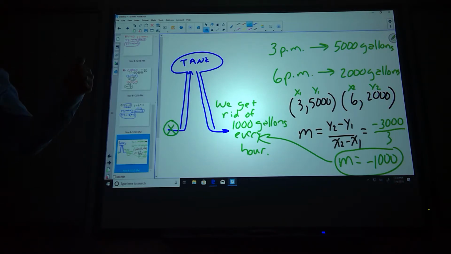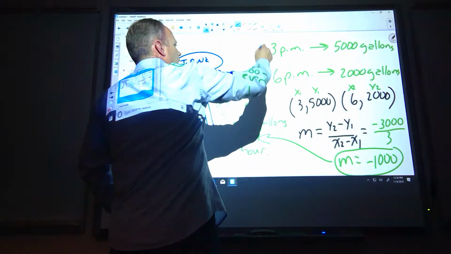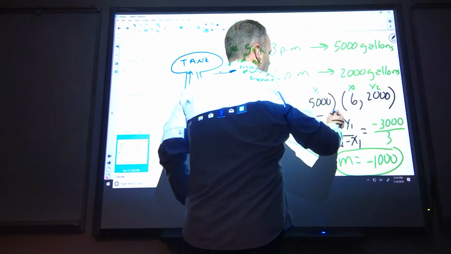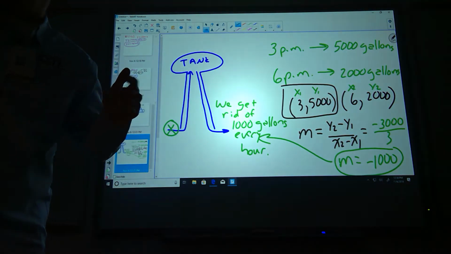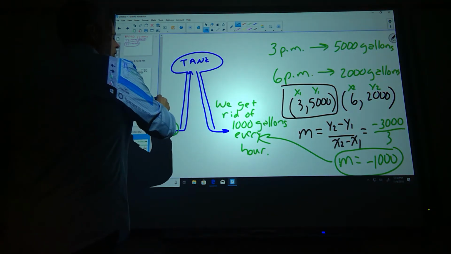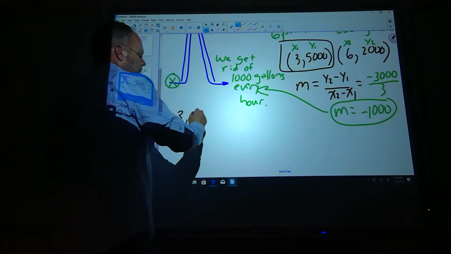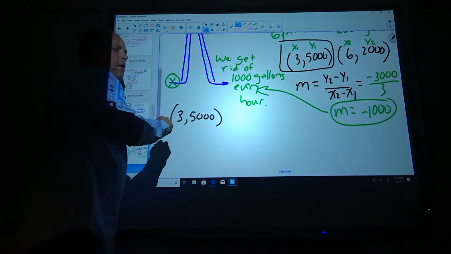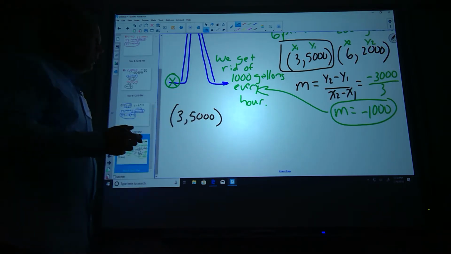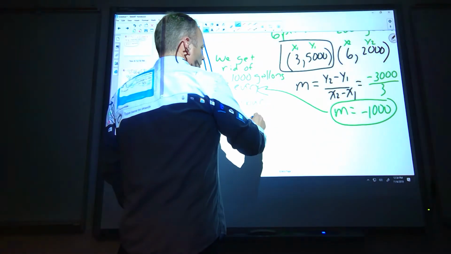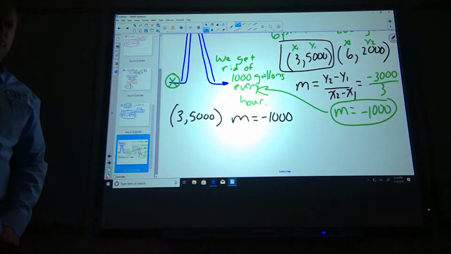Okay? I have the slope already, and I'm going to pick one of my points. Doesn't matter which one. I'll just pick that one. So I'm going to use 3 comma 5,000. That's 1 point. And the 3 represented 3 p.m. and the 5,000 represented 5,000 gallons. And then I have a slope of negative 1,000. Is that okay?